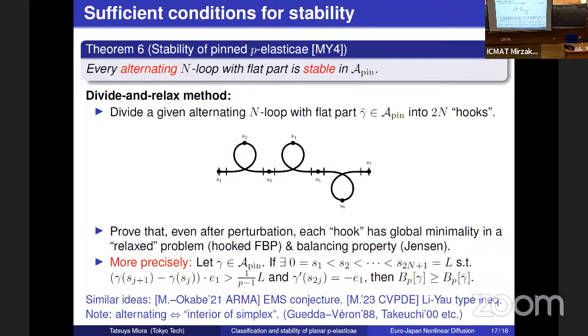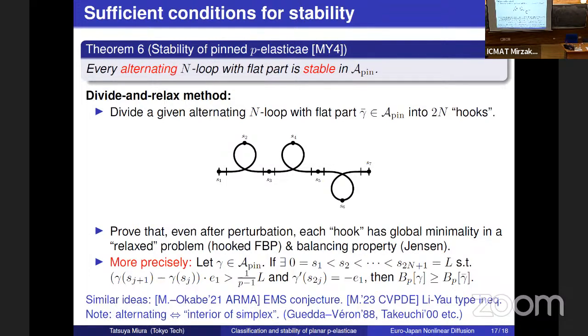Okay. And now you may see that this also looks ad hoc, and it is an ad hoc argument, but in a wider context we have used similar ideas in different problems.